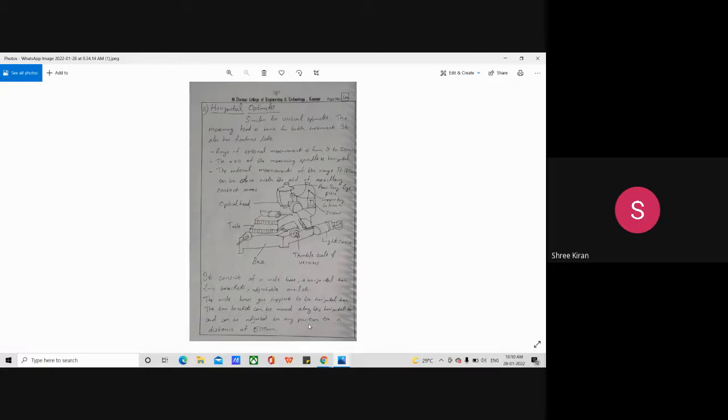Then the internal measurement range is between 13 to 180 mm, which can be done with the aid of auxiliary contact arms.